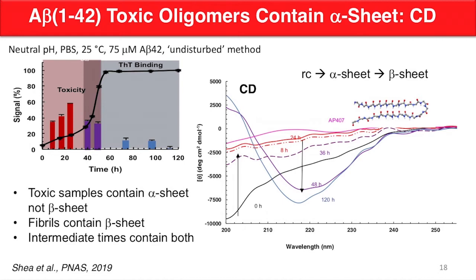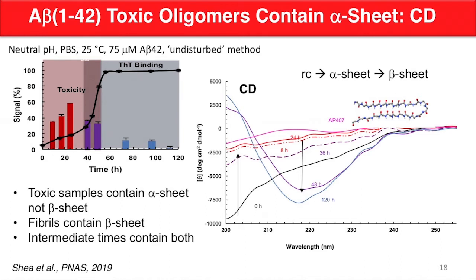So now we go away from this alpha sheet flat region, and as it aggregates further, going to 48 hours in the intermediate where the sigmoidal phase of the ThT curve lies, it starts to drop through 36, 48, and we're forming beta structure.